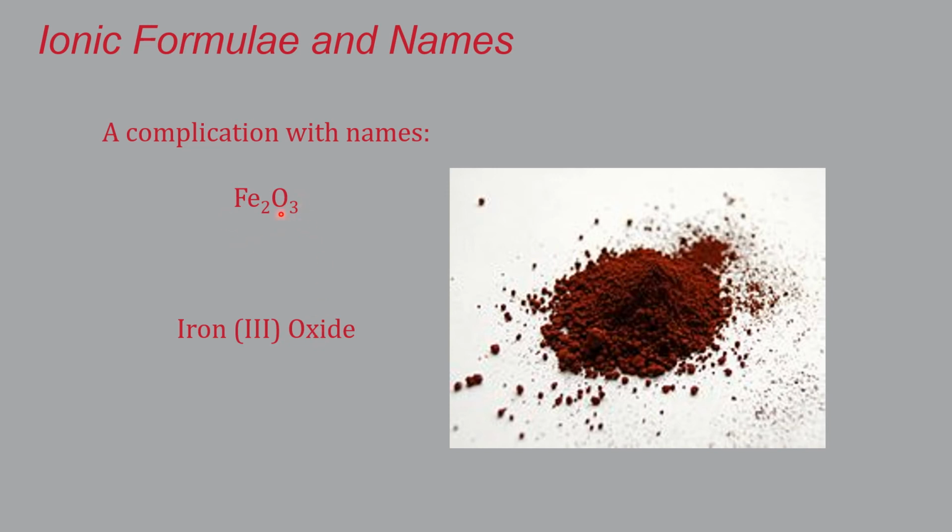Now, you don't need to say that explicitly if you've got the formula, because you can deduce the charge because you know what oxygen is. And if you've got the empirical formula, you can figure out what the iron is. All right, so iron oxide is not correct here, and you have to be more specific and say iron 3 oxide because there are other iron ions.